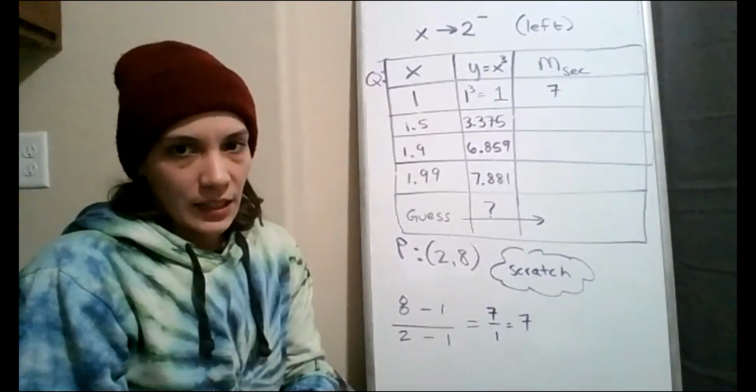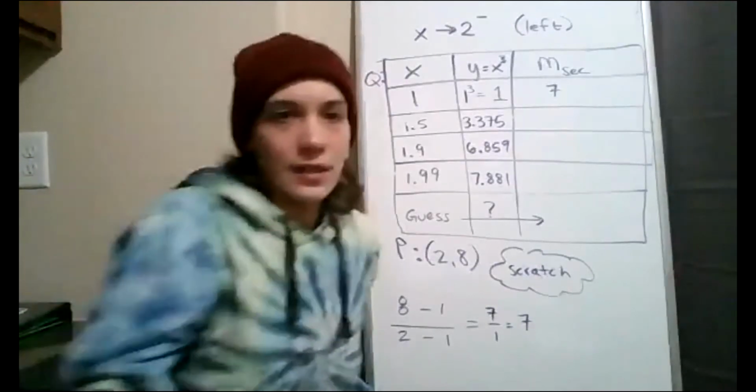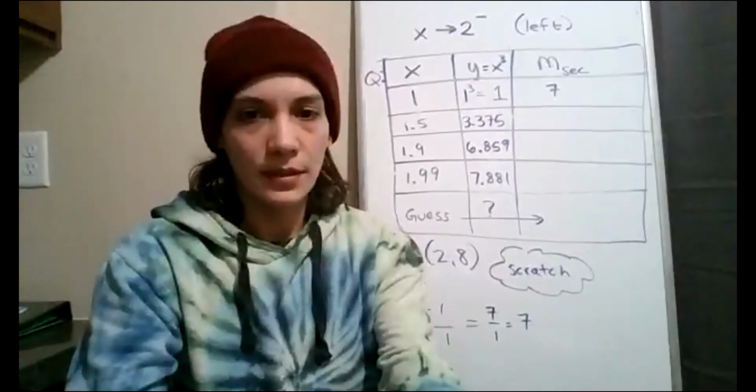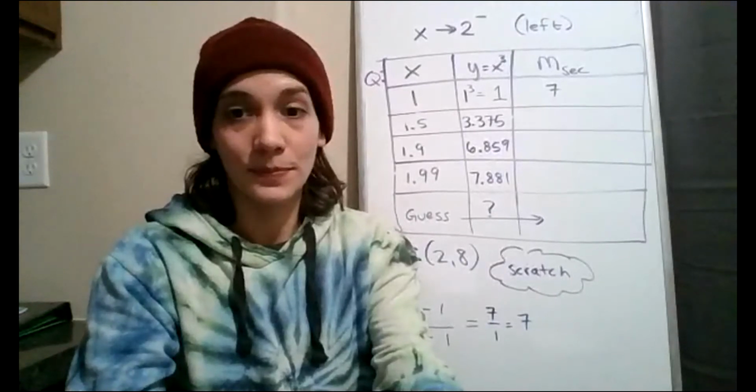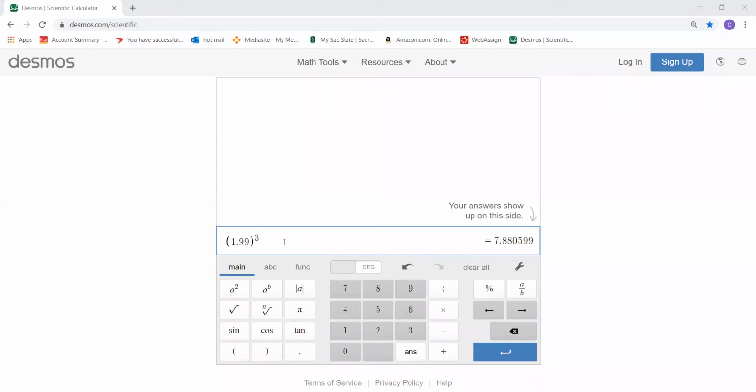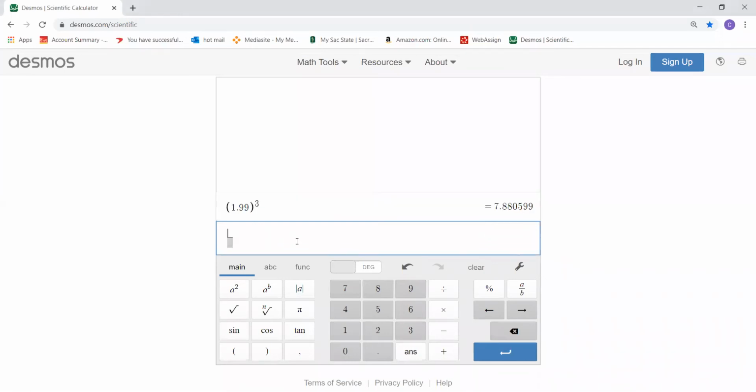I think we're going to need a calculator now. Back to Desmos. And a fraction. In the numerator, we have the difference in y values. The next output was 3.375.